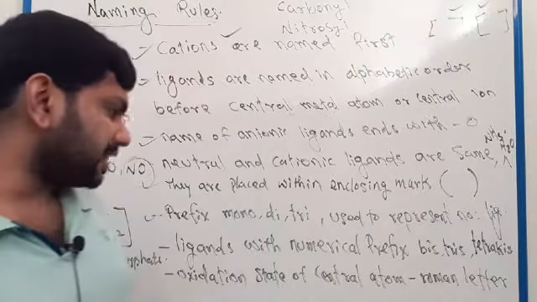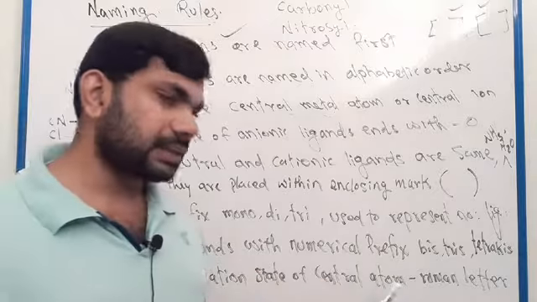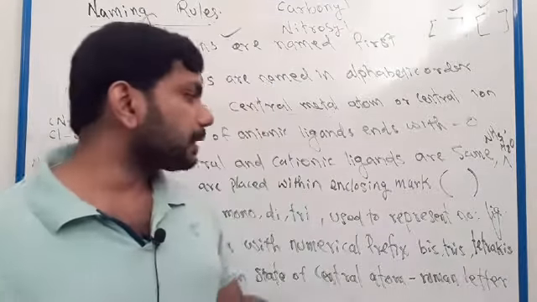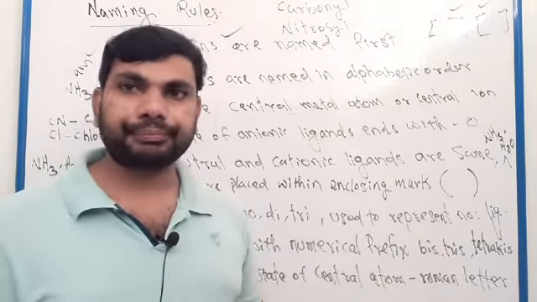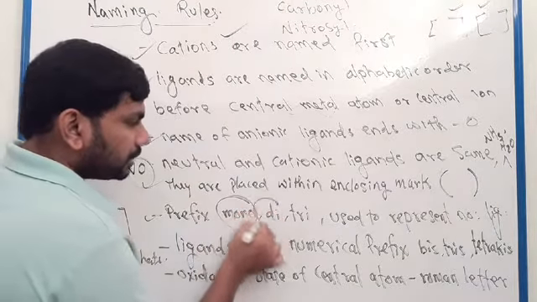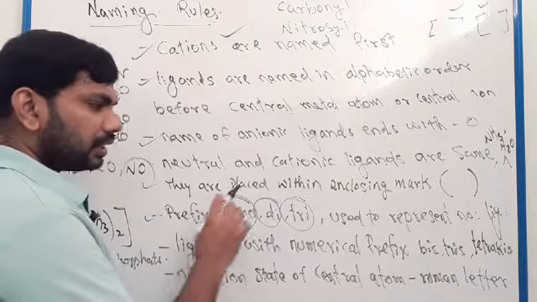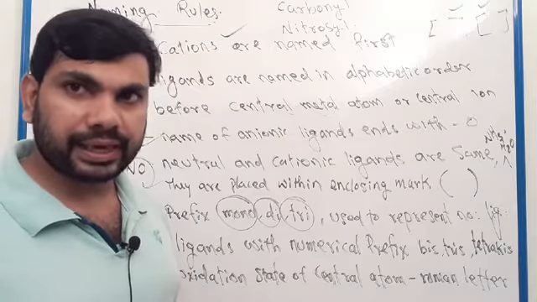Also there is one exception case: ligands with numerical prefix. For ligands with numerical prefix we will use bis, tris, tetrakis, etc. Here we used mono, mono means one, di, tri. Okay, these are the prefixes used to represent the number of ligands.